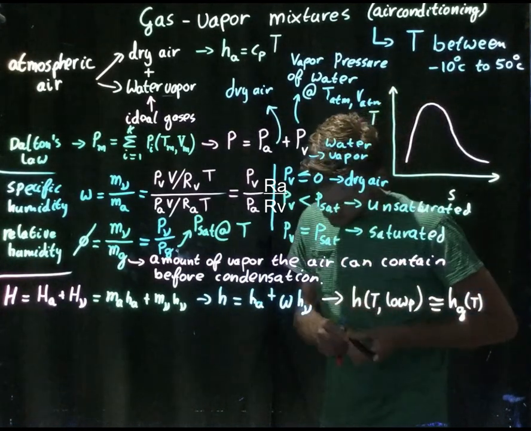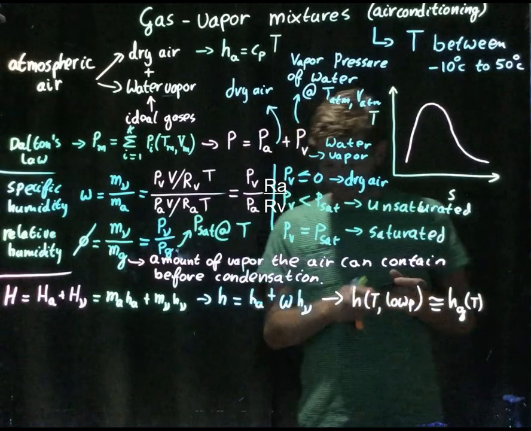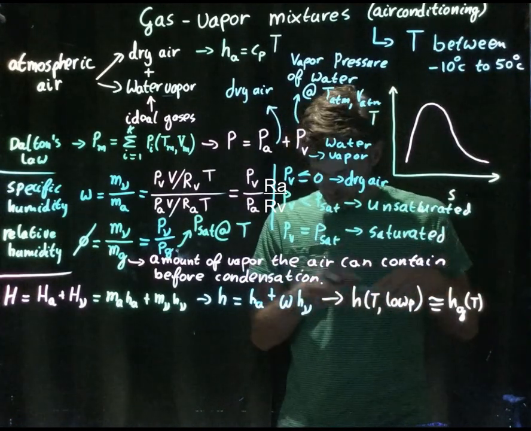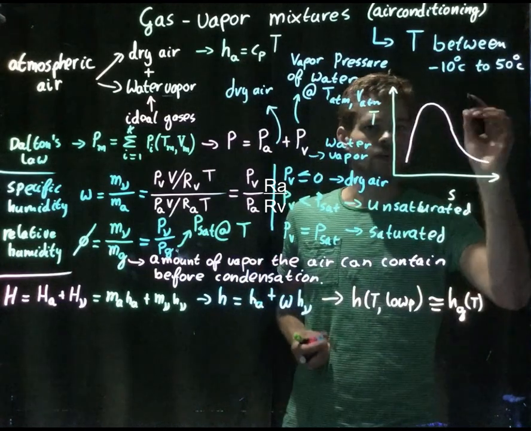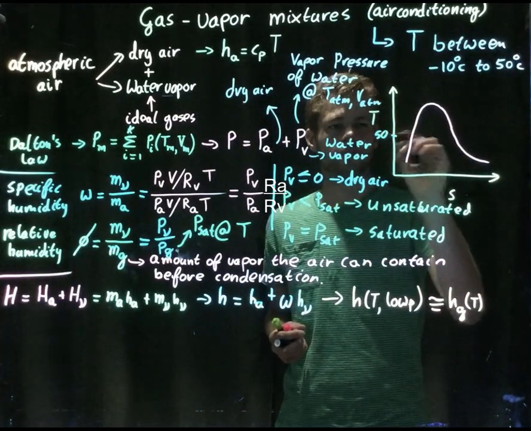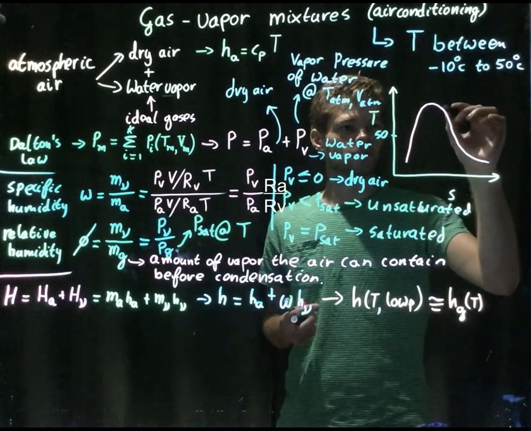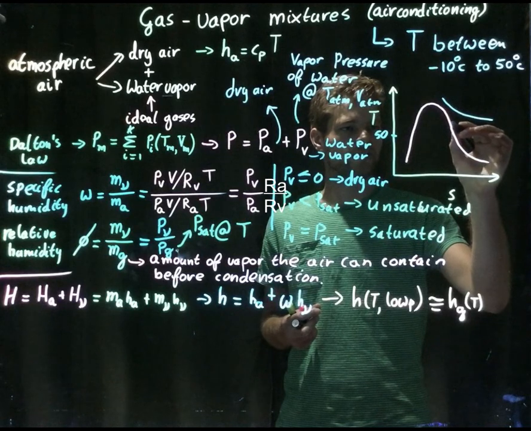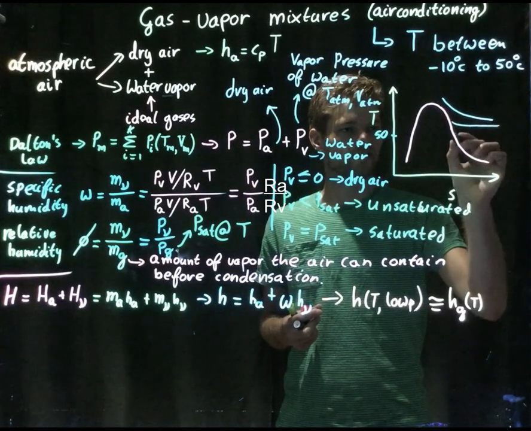So let's look into our diagram. Over there, if I would check for the enthalpy, and I've got 50 degrees Celsius over here, that's our maximum temperature. If I would look at my diagram, the lines of constant enthalpy look like this.